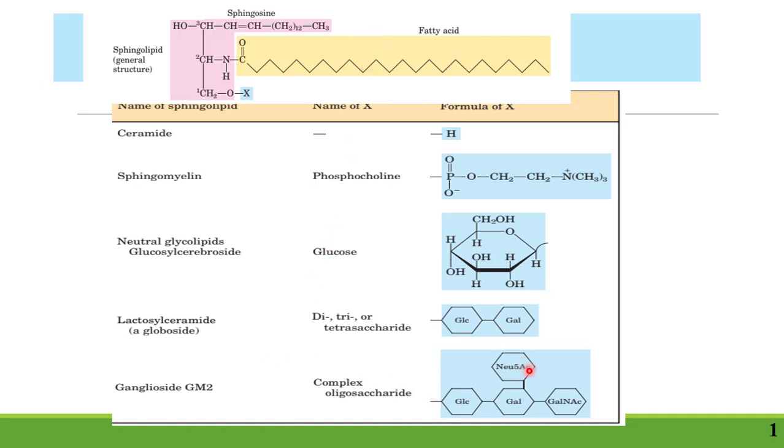As you can see here, the other name of neuraminic acid is sialic acid. If neuraminic acid is attached to this type of carbohydrate and ceramide, the ganglioside is produced.